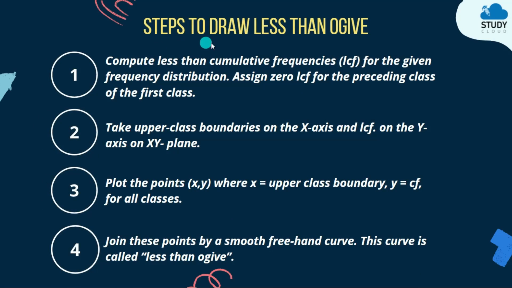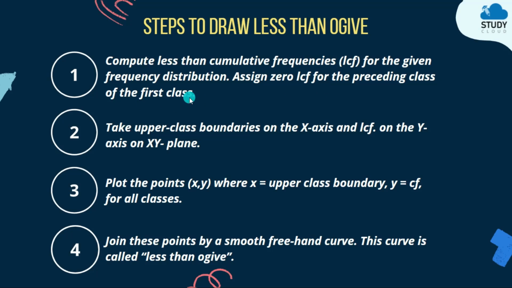Here are the steps to draw a less than ogive. First step is to compute the less than cumulative frequency, that is, less than CF, for the given frequency distribution. Assign 0 less than cumulative frequency for the preceding class of the first class.